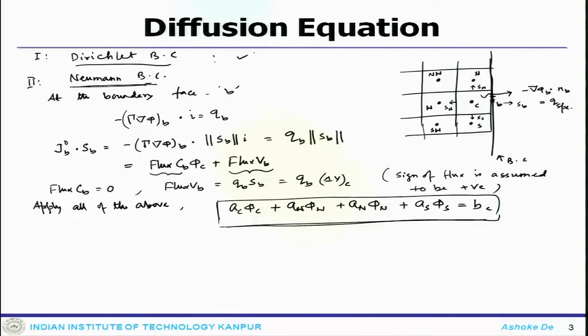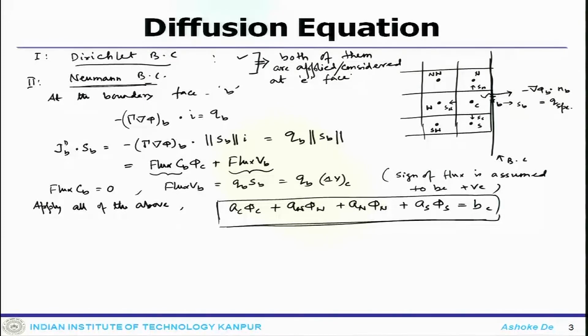So, the commonality between them is that both of them are applied or considered at the east face.